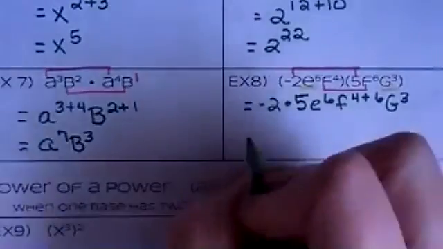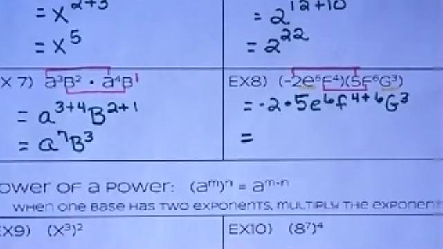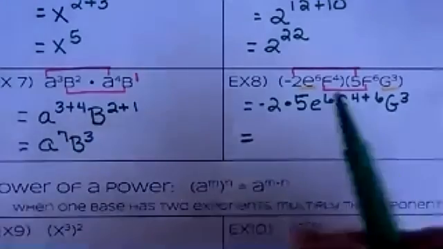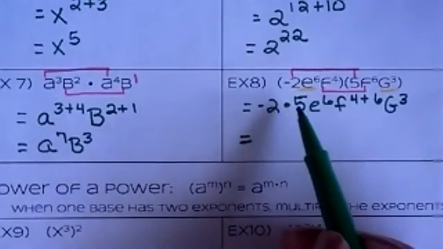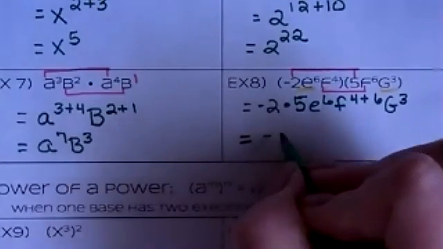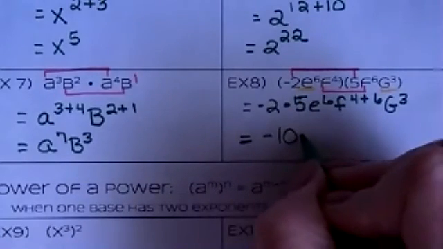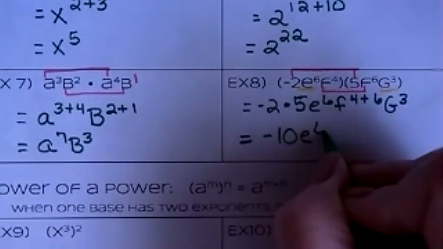Okay, now our last step. Now that we've shown what we're multiplying, we're adding, and all this other stuff, we are going to write our final answer. So I've got -2 times 5 is -10. That's going to bring down the E to the 6.